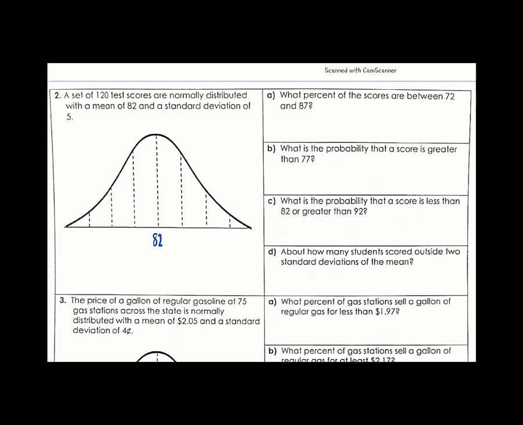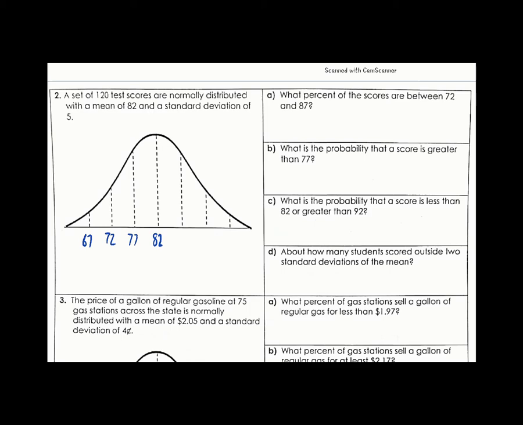So what is 82 minus 5? 82 minus 5 is 77. Okay, let's subtract 5 from that. That's 72. And let's subtract 5 from that. That's 67. So we got 67, 72, we got 77, and 82.